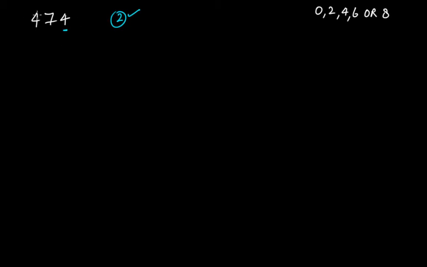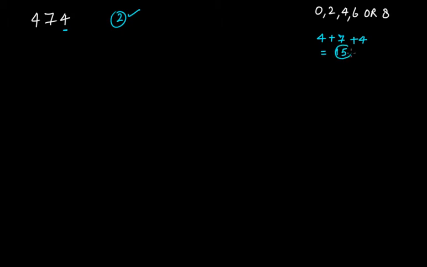Now check for the number 3. Is this number divisible by 3 or not? To do that, you just add all these digits, that is 4 plus 7 plus 4. And I repeat again, if you haven't watched the previous videos on divisibility by 2 and 3, then please go and check that. So you will just add these digits, 4 plus 7 plus 4, and you will get 15.